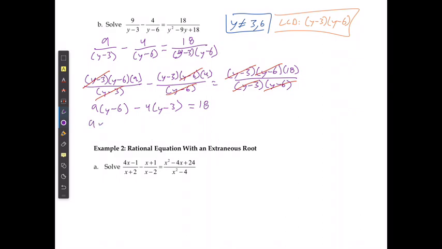Or 9y minus 54 minus 4y plus 12 is equal to 18, which means that 5y is going to equal 60 when I move it over, or y is going to equal 12.